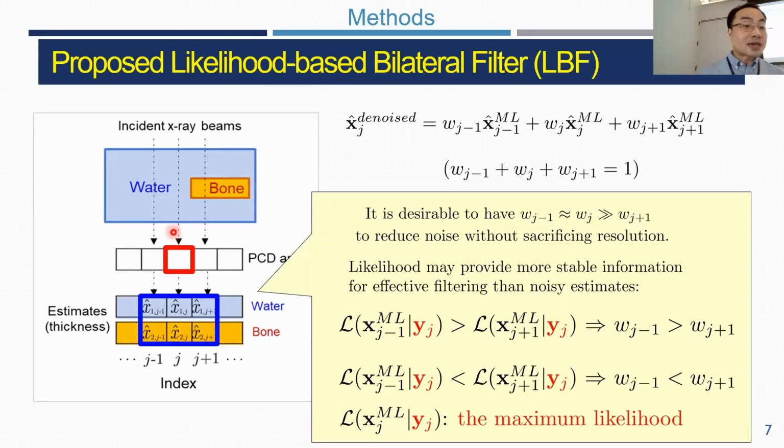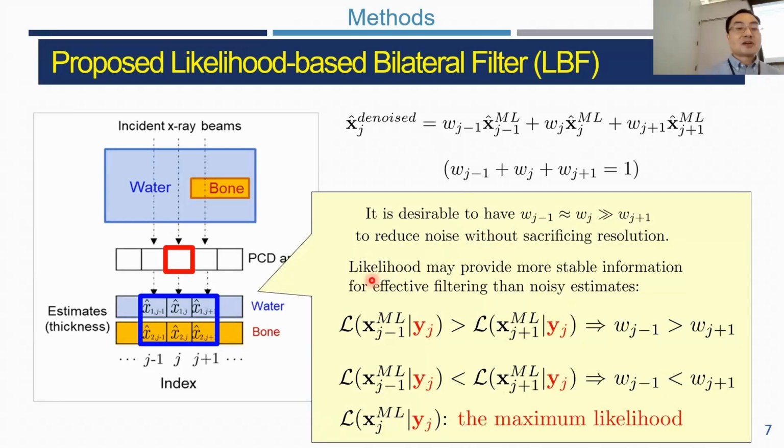For example, in this case, as you can see, the ground truth of basis line integrals for pixels J and J-1 are equal, right? But J+1 is different because of the bone component. So ideally, it is desirable to have this kind of weight, right? One extreme case would be 1, 1, 0, something like that. Okay, so to reduce noise without sacrificing resolution, I think it's possible.